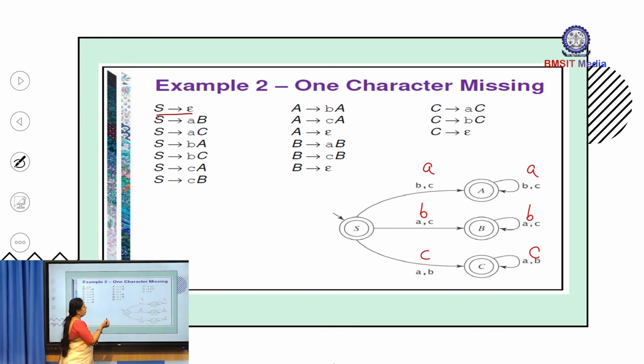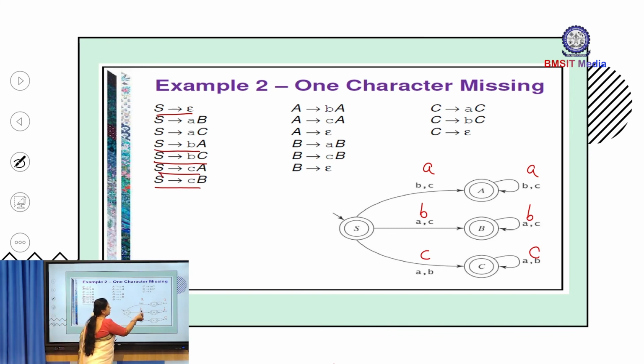Next, from S we have transitions over B and over C. So S tends to BA, S tends to CA, and S tends to AB and S tends to CB, and so on.